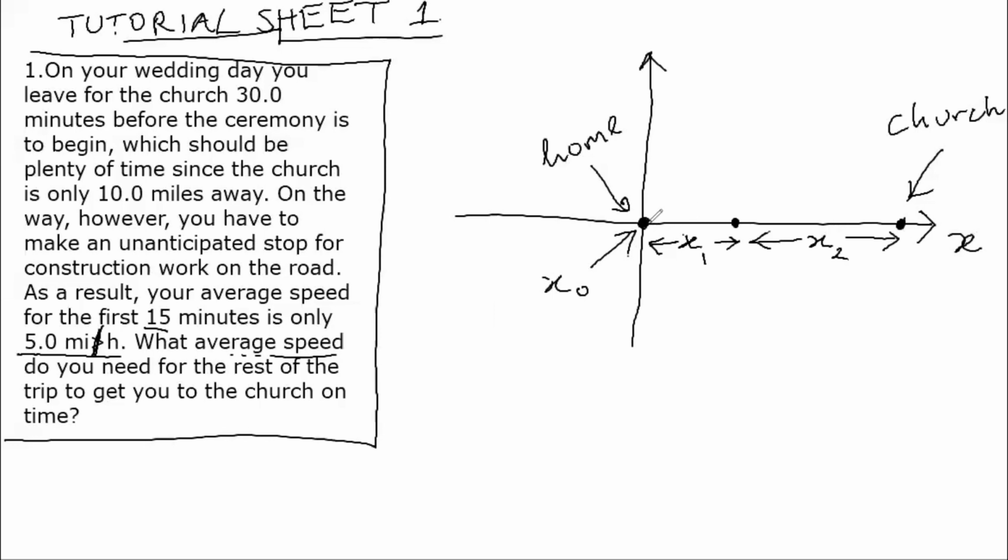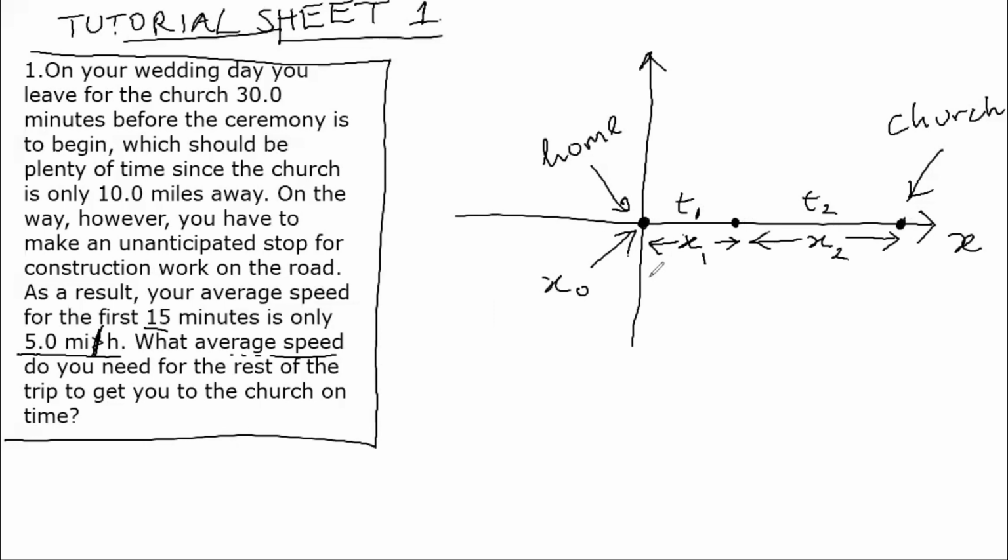The time it takes to move from home up to the point where the congestion ends, let us call T1, and the time it takes from this point up to the church, let us call T2.